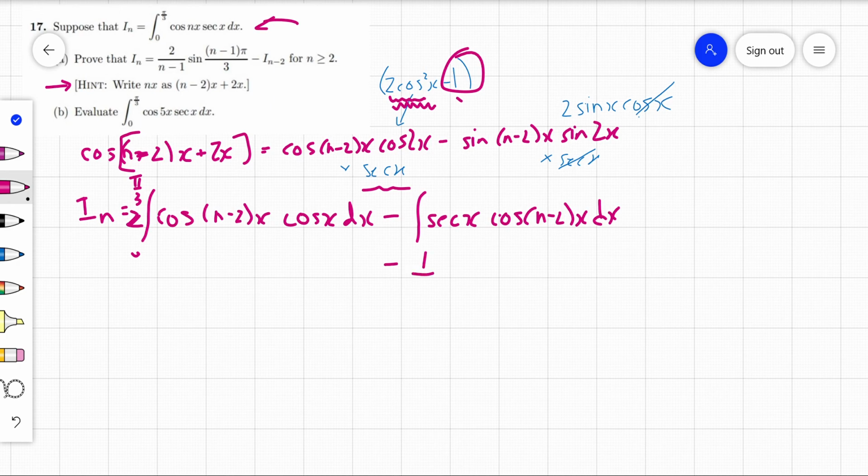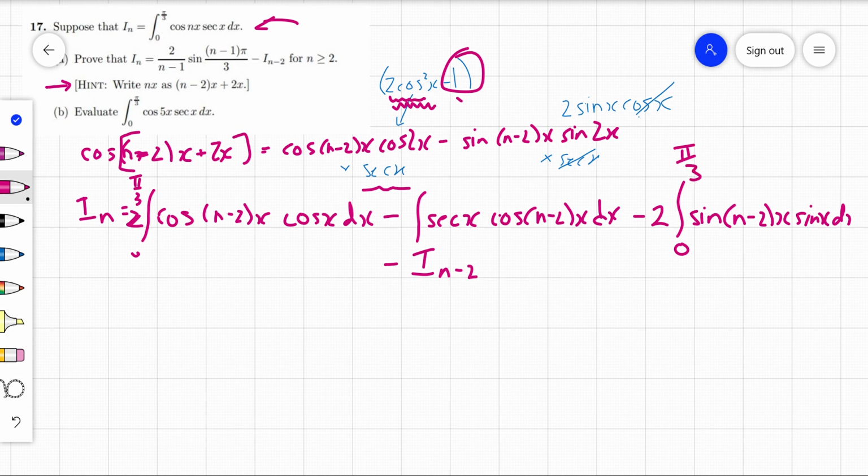So really that's just I n minus 2, which is handy to note. And then over here, I've now got minus, putting the 2 out the front, sine n minus 2x sine x dx, from 0 to pi on 3.